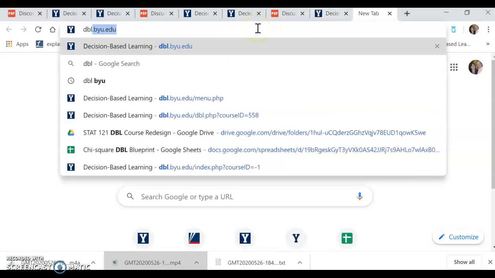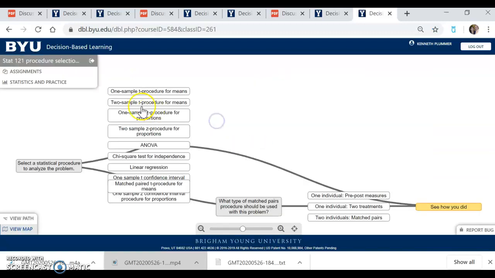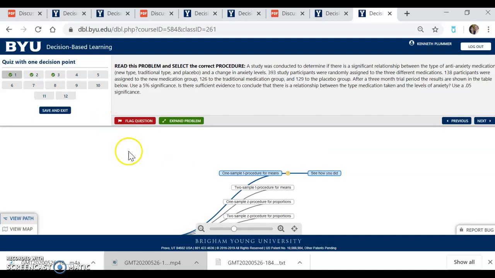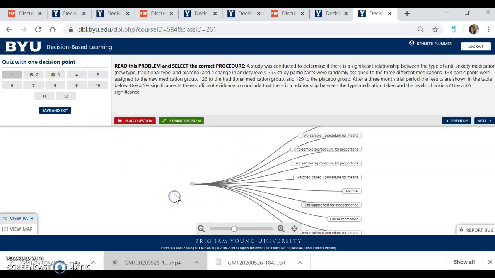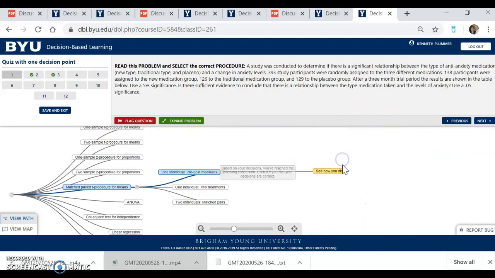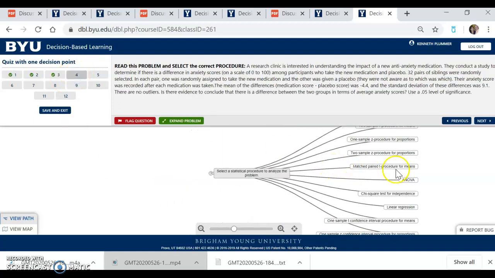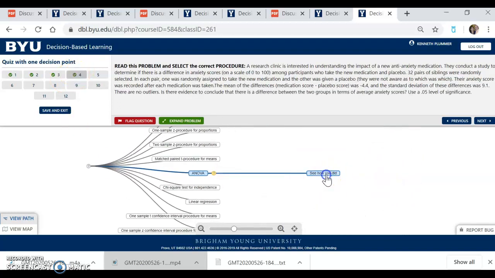Let me go ahead and pull this up. The mandatory quiz, and the way they'll see it is it'll come up like this. They'll read the problem and select the correct procedure. They'll go through each problem and select.